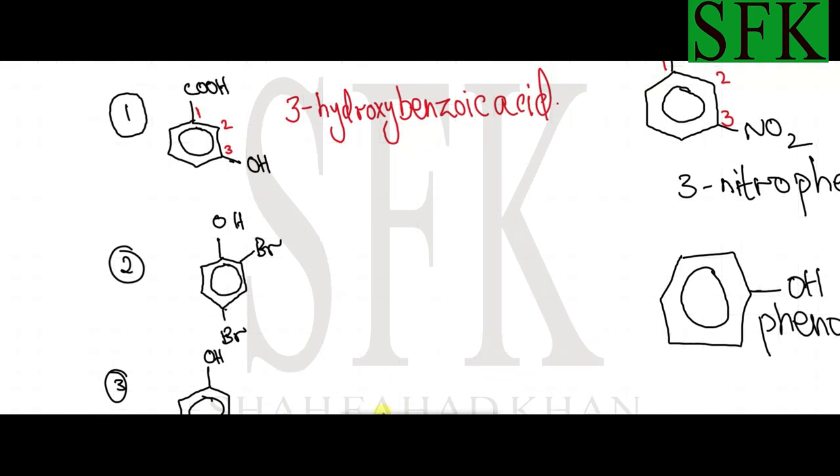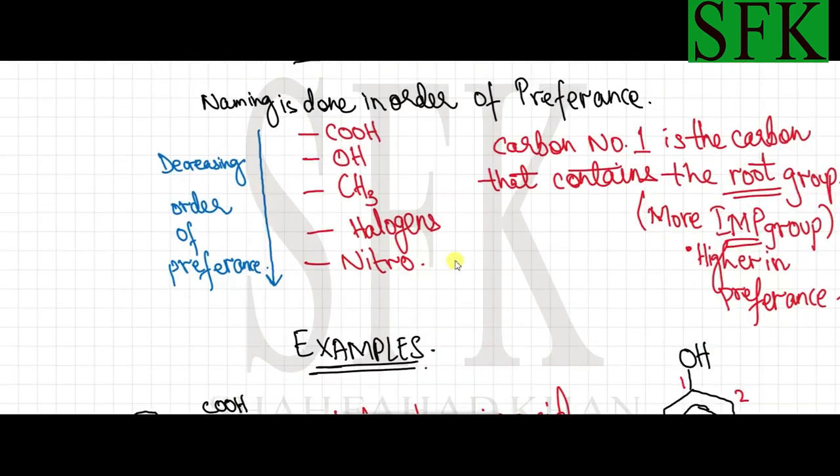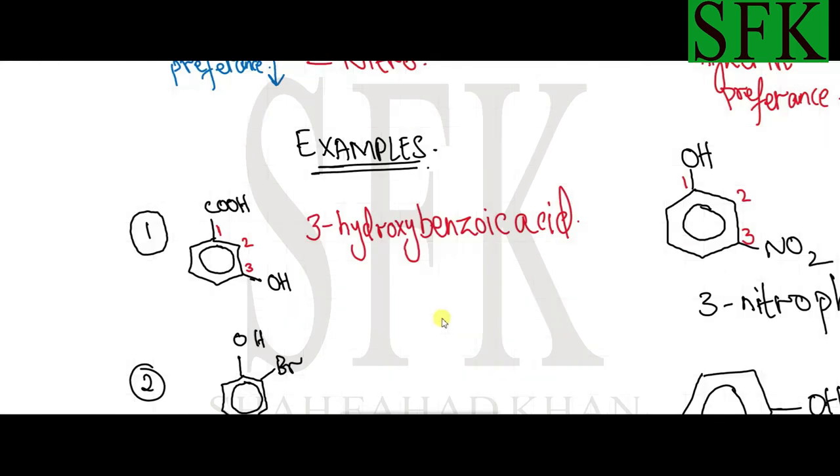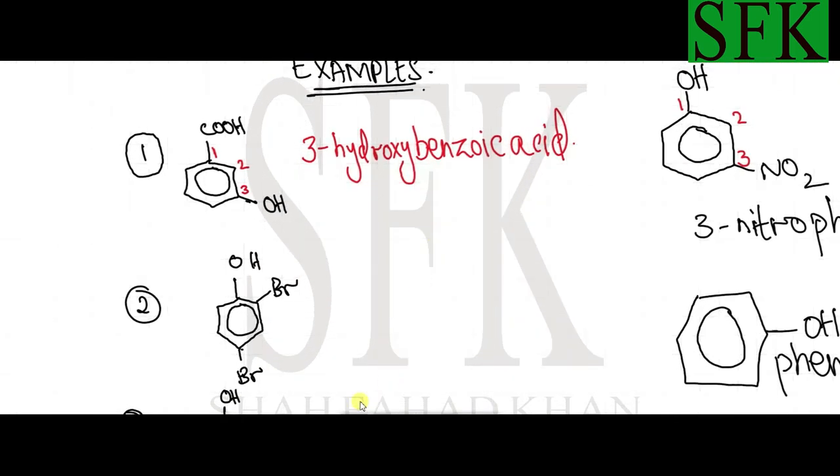Then the next compound over here, again we have an OH group and halogens attached to the same benzene ring. Referring to the series, halogens are below OH in this series. So the carbon which contains the OH group is given carbon 1, and then 2, 3, 4. I've again come in the clockwise direction to keep the numbering as small as possible.